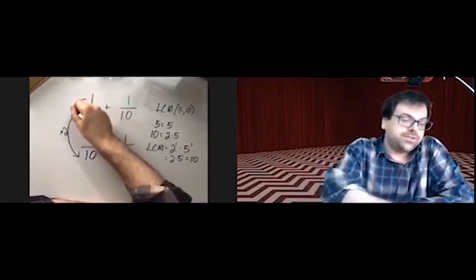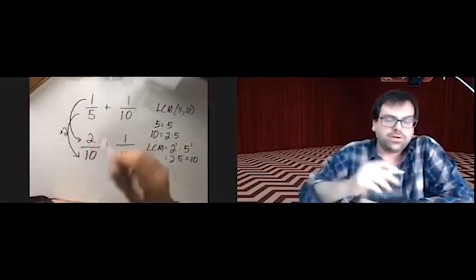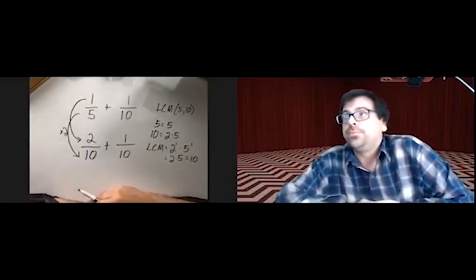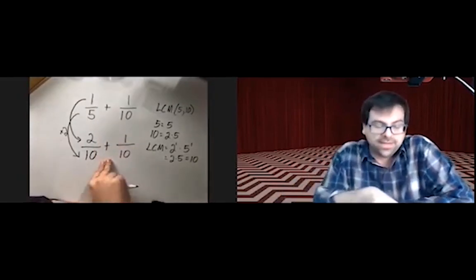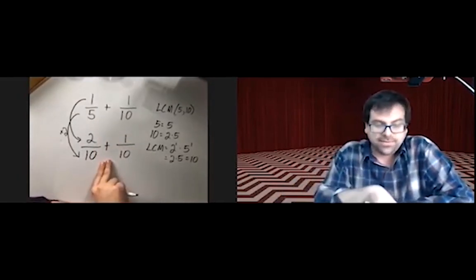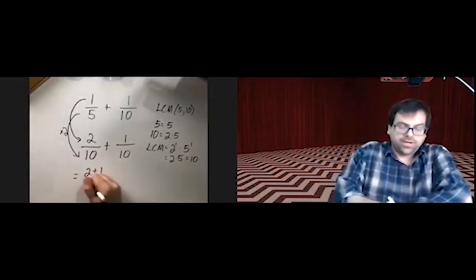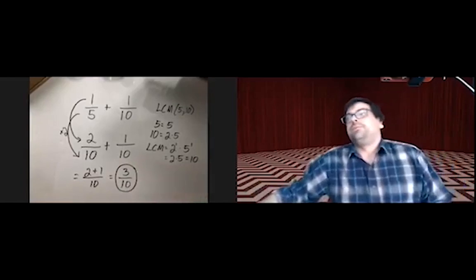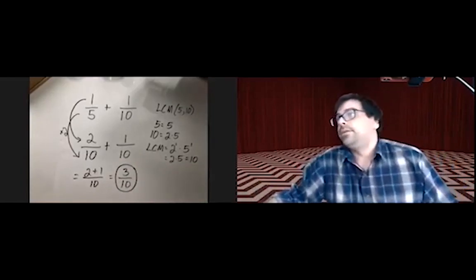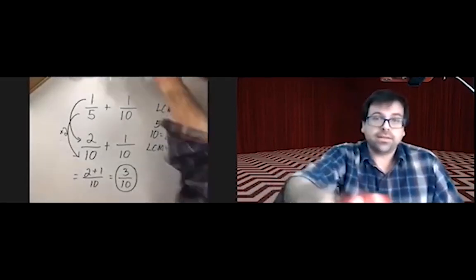So we have to do times 2 for the top as well. 1 times 2 is 2. So this addition problem is the same as 2/10 plus 1/10. So 2 plus 1 over 10 gives us our final answer of 3/10. So you can see adding fractions is a lot more complicated than multiplying.